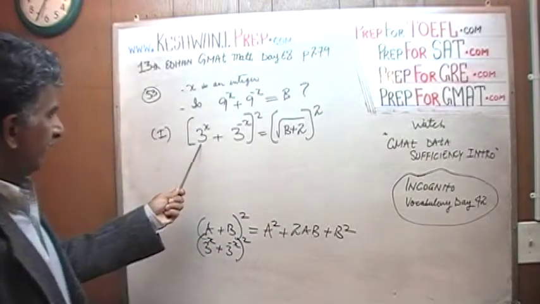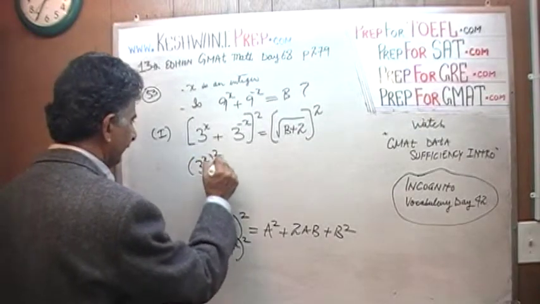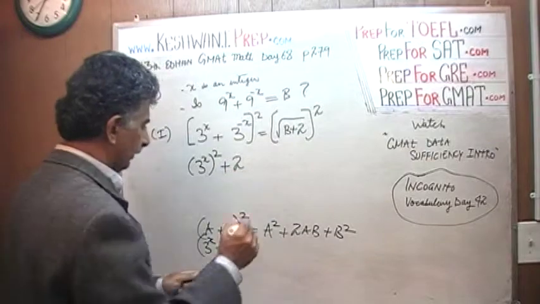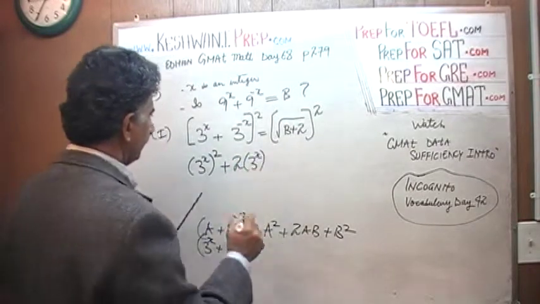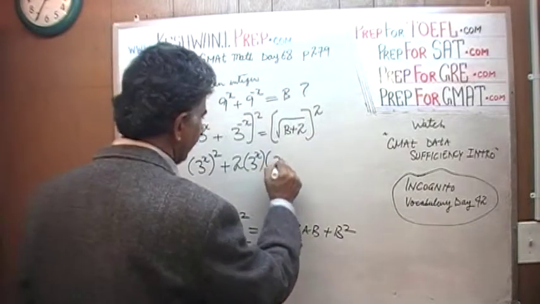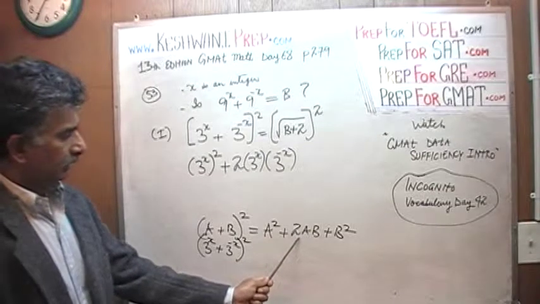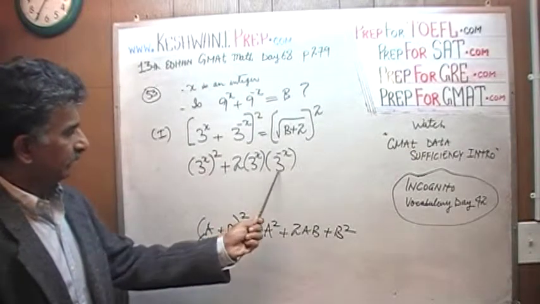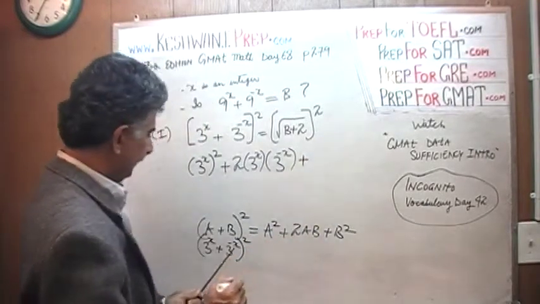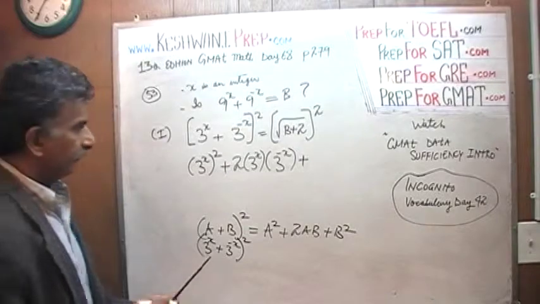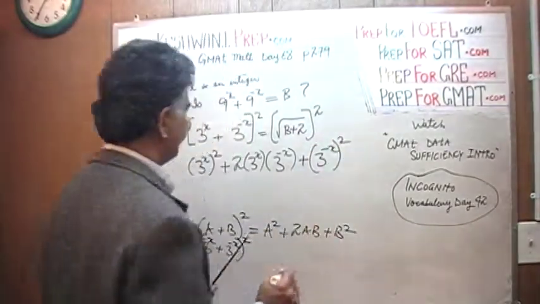So we square this part, 3 raised to x squared, that's our a squared, plus 2 times a, which is 3 raised to x, times b, which is 3 raised to negative x. That's 2ab, plus b squared. Our b is 3 raised to negative x, squared.